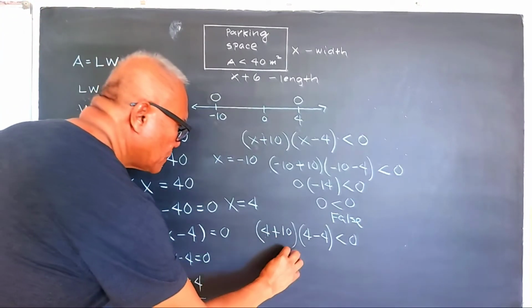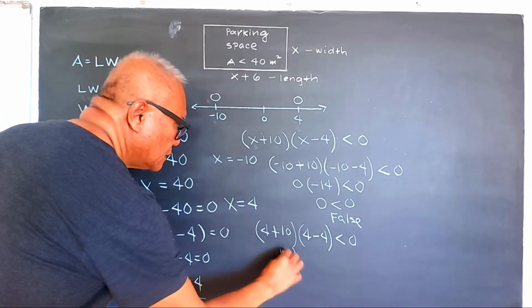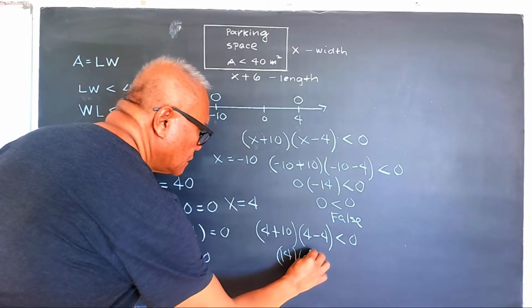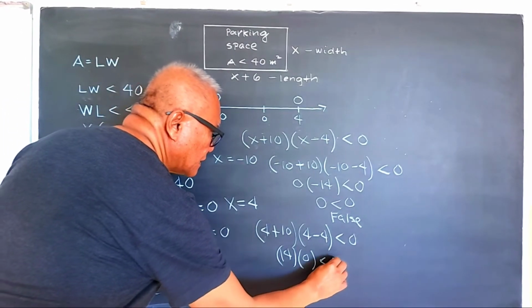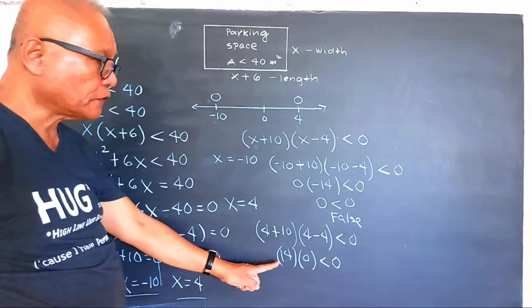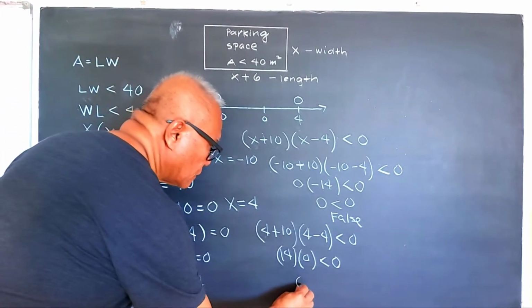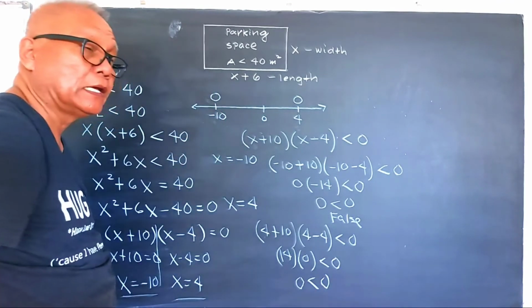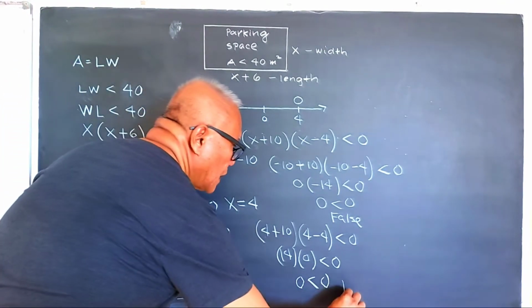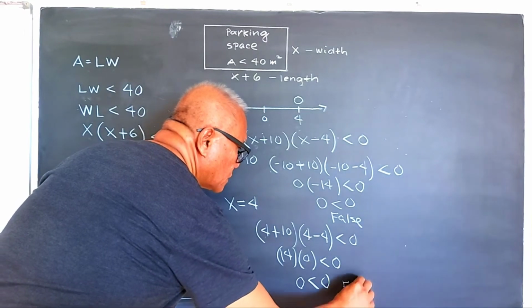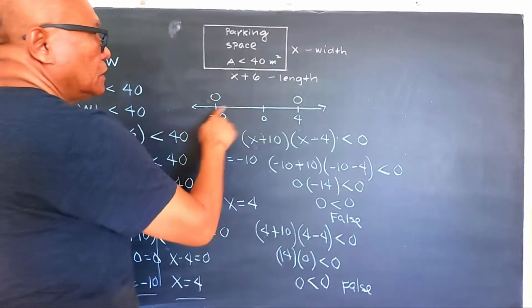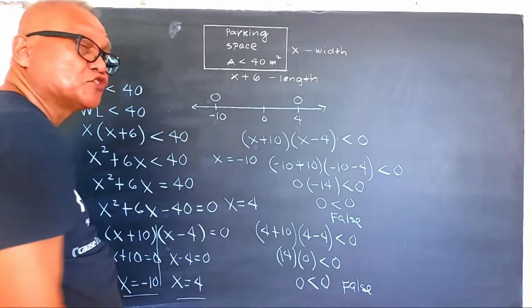So this one is 14 times 4 minus 4 is 0, less than 0. But 14 times 0 is 0, which is not less than 0. They are equal. Therefore, our 4 is also not included. So it remains an unshaded circle.